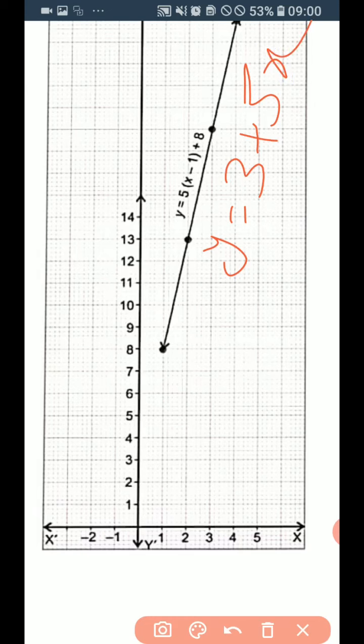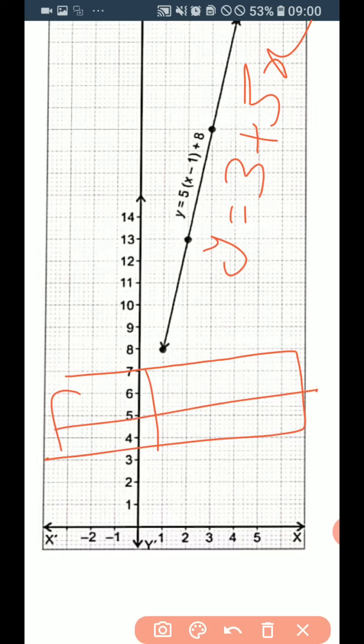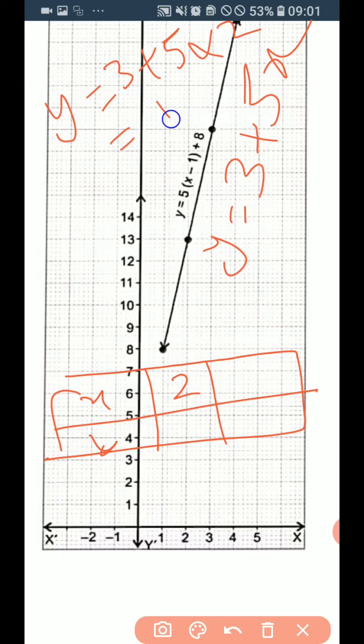As you know, dear student, we require 2 points to draw the graph. Let x equal to 2. If you put x equal to 2, then y equal to 3 plus 5 into 2, equal to 13.